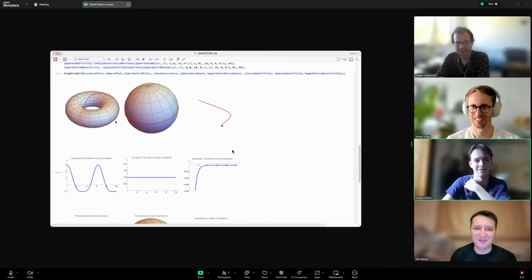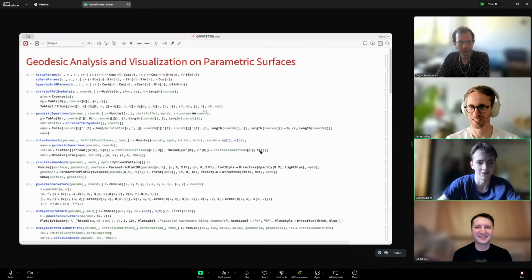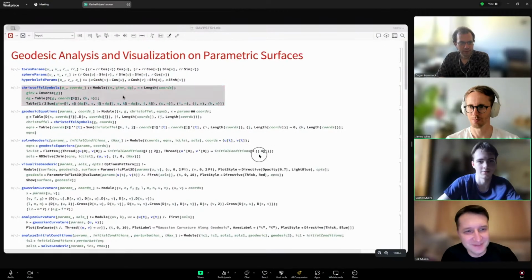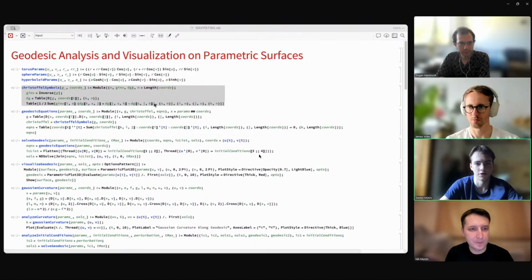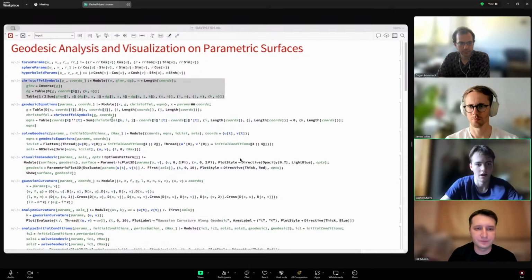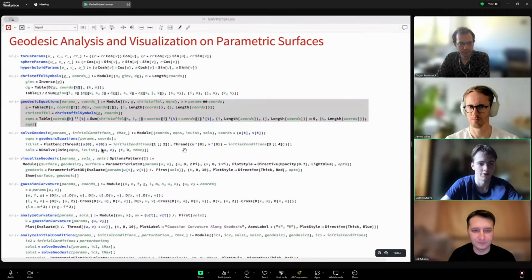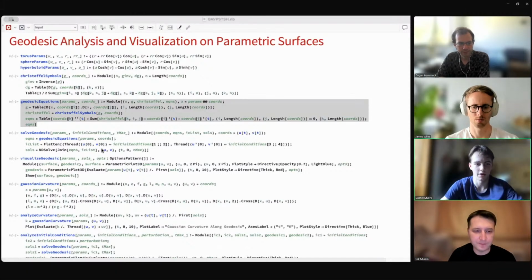I have the notebook right here, but there's no actual explanatory text, so I can speak and explain it verbally. And then the geodesic equations right here are just the differential equations that describe geodesics on a parametric surface. And as I said earlier, geodesics are just the paths of shortest distance on the surface.